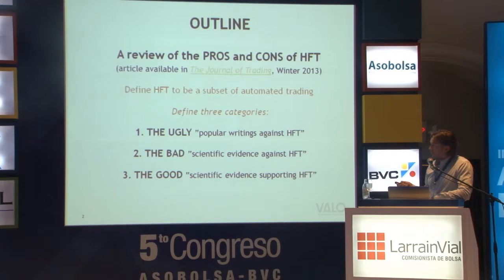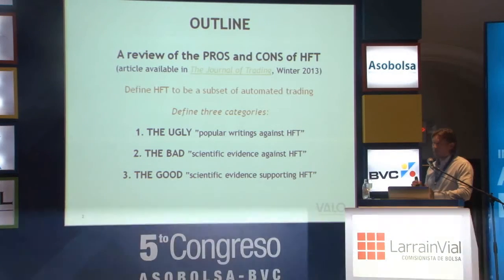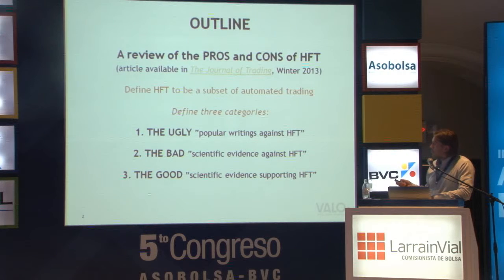First you have to define what HFT is, and it's not clear at all what HFT actually is. So I'm going to define it as a subset of automated trading, which consists of algorithmic trading and HFT.